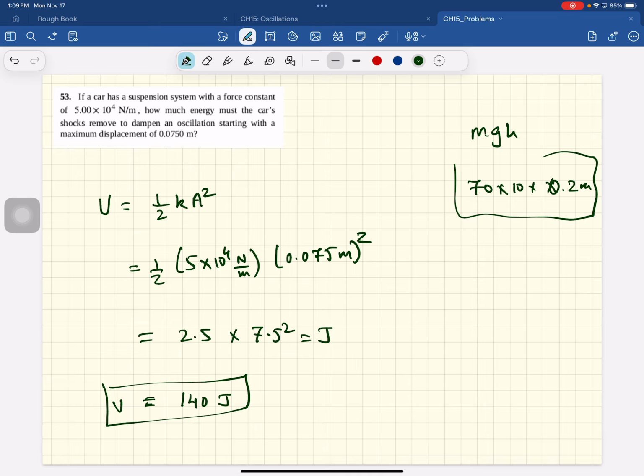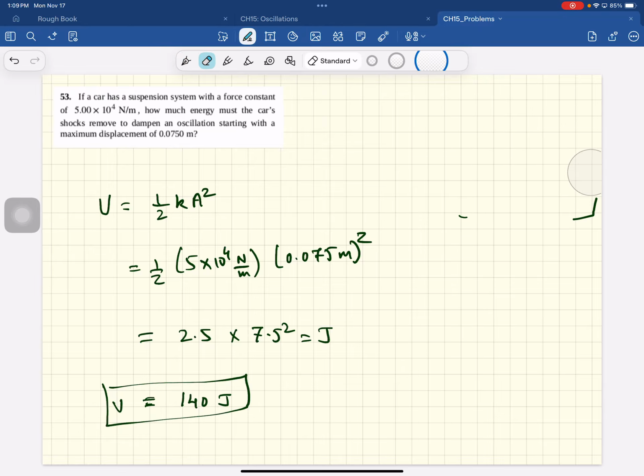So if you jump 2/3 of a foot, that's 140 joules. Or if you jump to the ground from 2/3 of a foot, that's how much energy you'll have when you hit the ground. That's what that means.